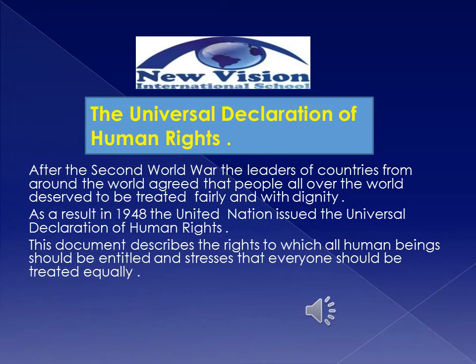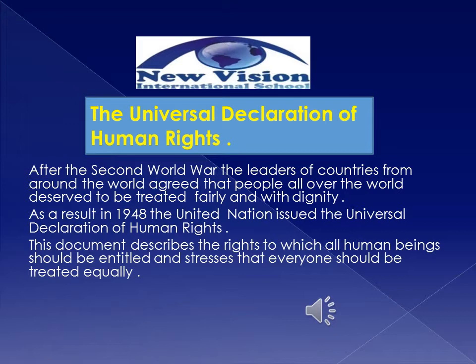The Universal Declaration of Human Rights. After the Second World War, the leaders of countries from around the world agreed that people all over the world deserved to be treated fairly and with dignity. As a result, in 1948, the United Nations issued the Universal Declaration of Human Rights.